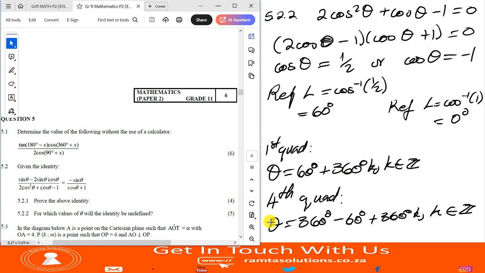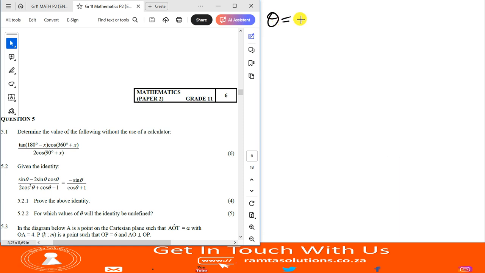So what does this mean? Theta is equal to 300 degrees plus 360 degrees k.